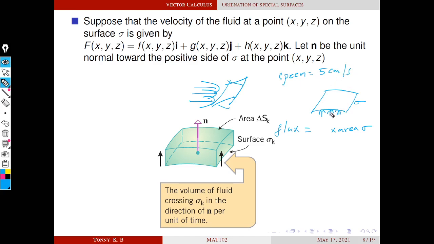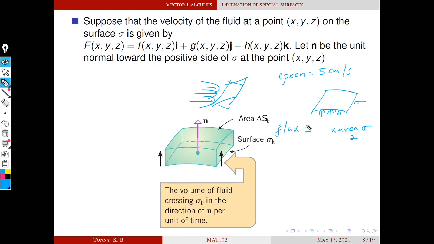That is our speed, and the speed is uniform throughout sigma, and the flow is perpendicular. Suppose the area of this flat surface sigma is, let it be, 2 units. Then how do we find the flux?